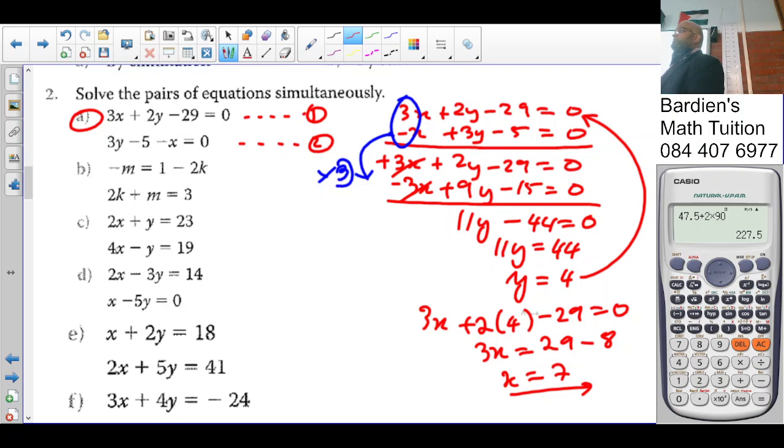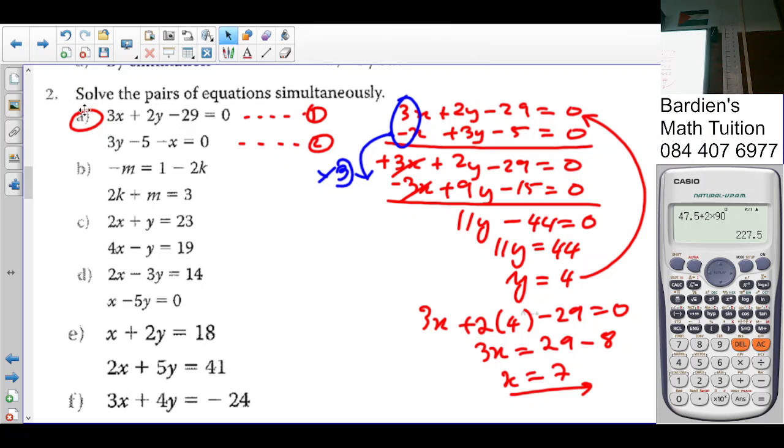Okay. Who else had a problem with A but did the substitution method? You did the substitution method. Okay, so let's see. So this is the elimination method. That's why I only wanted to show you one method. But anyway.